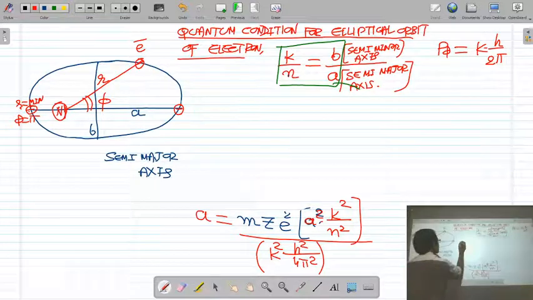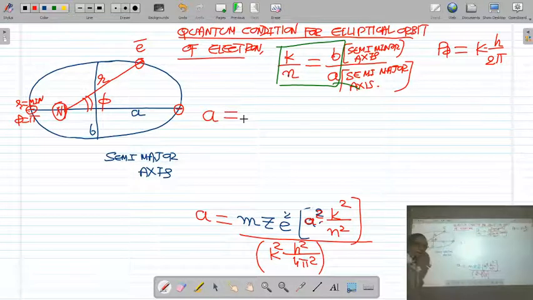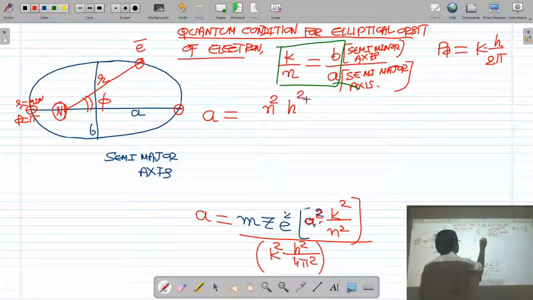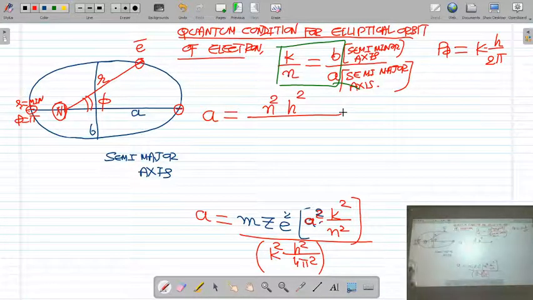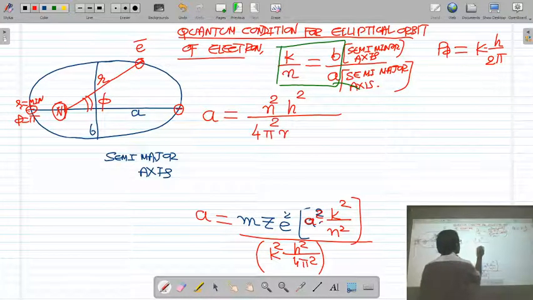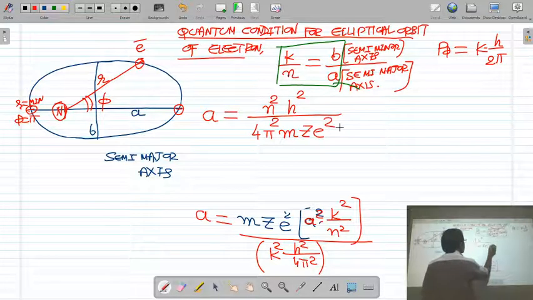So by solving this, you get the semi-major axis of the ellipse A is equal to, you will get this type of equation, n square h square upon 4 pi square and z square. You can check here.